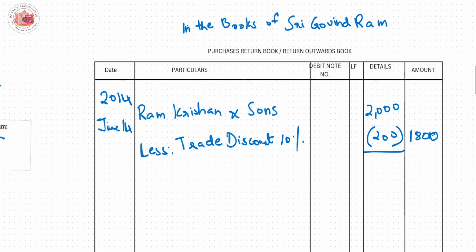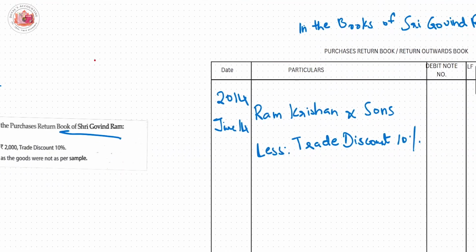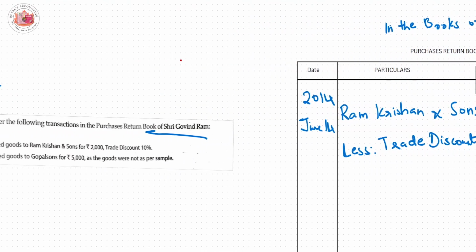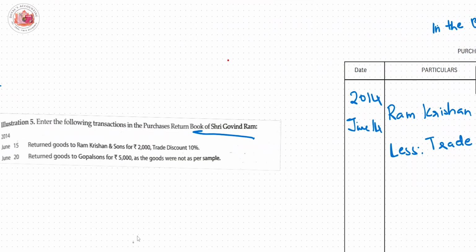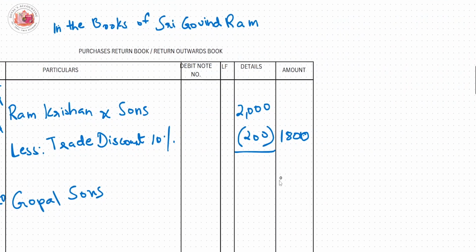Now the next transaction is on June 20th, we have returned goods to Gopal Sons for 5000. Here we will not have any gross numbers because they have given us the final amount, so we will directly post it in the net column. June 20, Gopal Sons, rupees 5000.